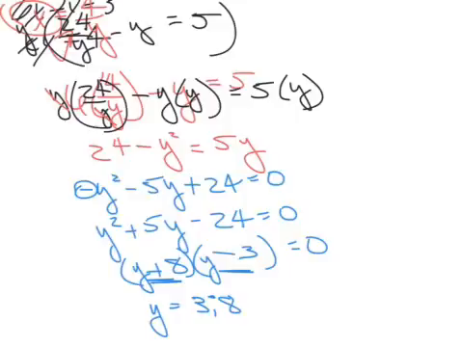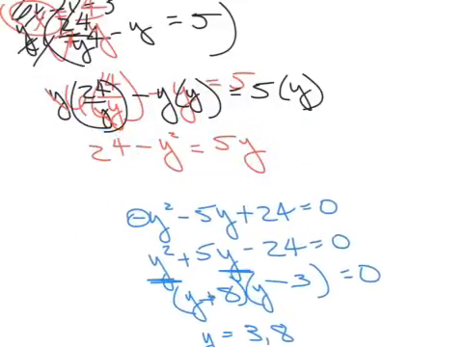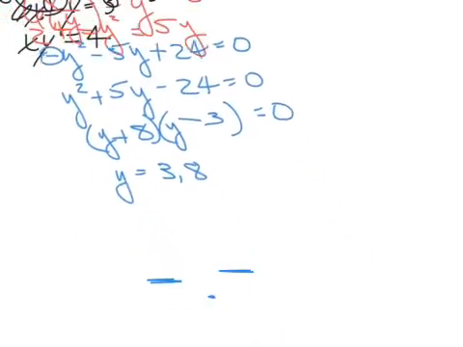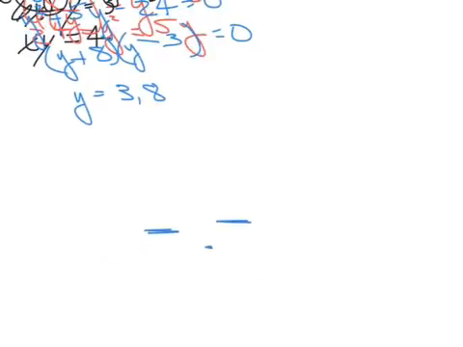Alright, so let's move all of this out of the way. Okay, so we've got some room there. So we found out y is 3 and negative 8. Got to find out what x is. So I look at one of the equations up there that I started with. Doesn't matter which one, but obviously I'm going to take the simplest one.